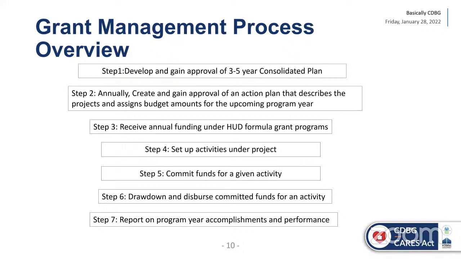And in the end, after all the grants are spent and the national objective is met for each individual activity, you will close out the grants. So far for the entitlement grantees, we have not started to close out grants yet, but we will do that soon. Next slide, please.